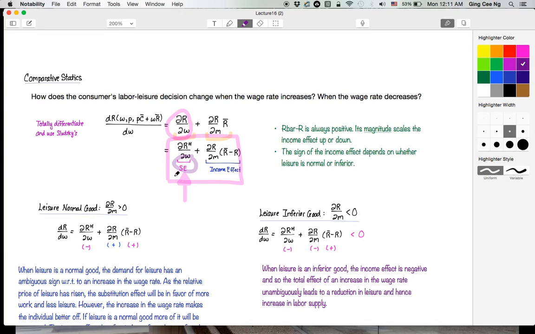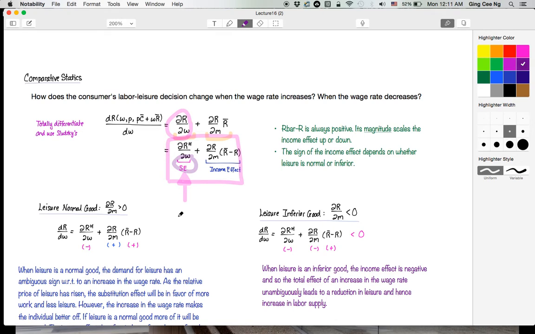If you're making $200 an hour and your wage rate goes up to $210 an hour, the opportunity cost of consuming an additional unit of leisure has gone up. That's your substitution effect. And we know the sign's going to be positive by the law of demand.